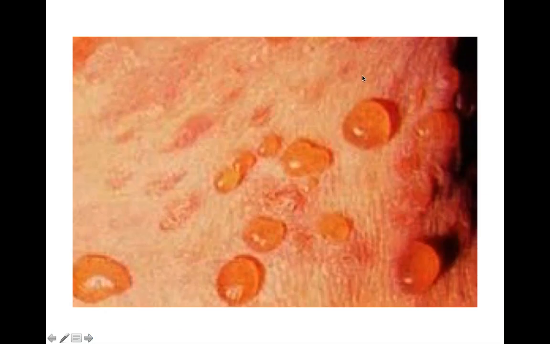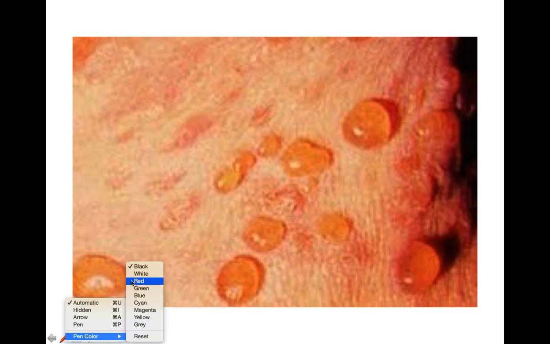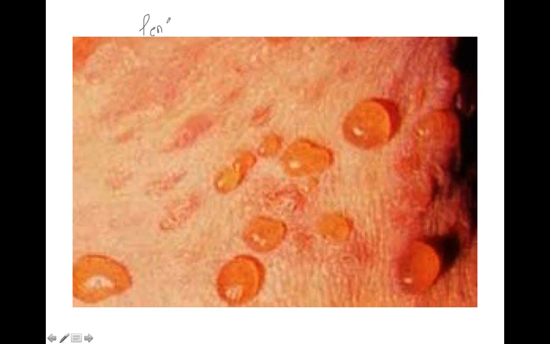So this is pemphigoid, as you can see. These are painful blisters, but they are tense blisters, and they occur mainly in older patients. They do not involve the oral mucosa.